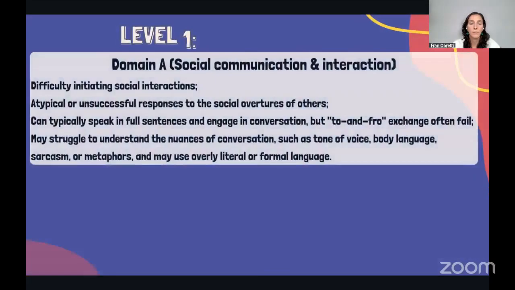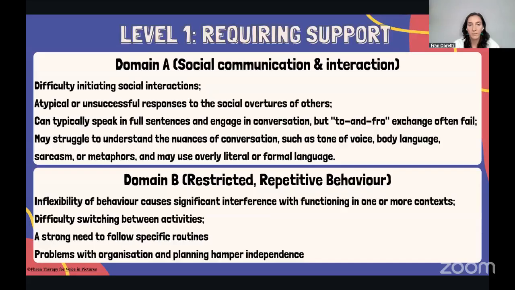So level 1, requiring support. Domain A, social communication and interaction. So you might be seeing someone at level 1 in domain A struggling to initiate conversation. They might not be able to respond to the to and fro exchange in a conversation. They might display atypical answers to your request or conversation.